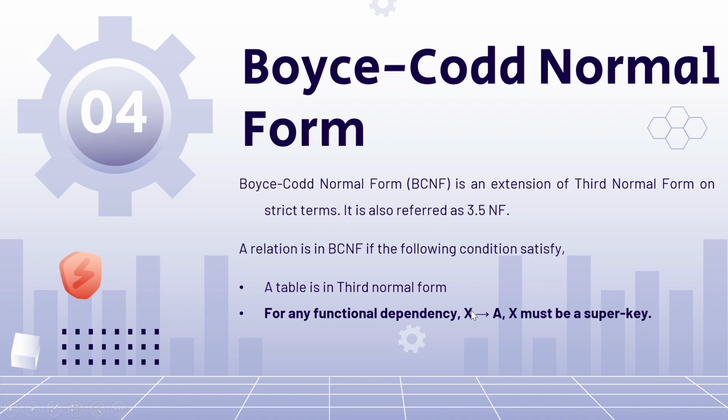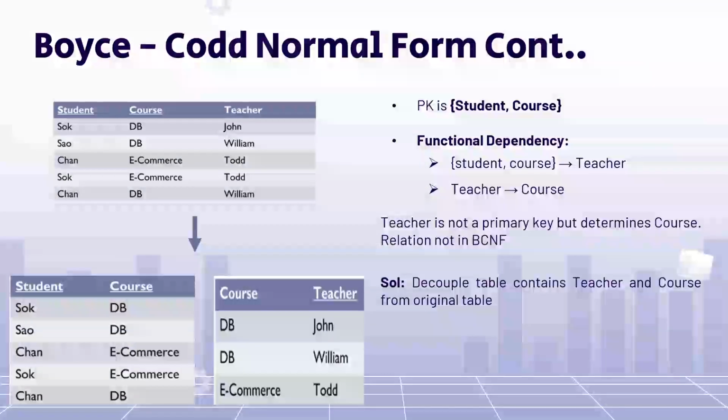In 3NF, it was like either x should be a super key or y should be a prime attribute. If any of these conditions is true, we said that it is in 3NF form. But here in BCNF, in the functional dependency x determines y, x should be a super key, then only we can say that it is in Boyce-Codd normal form.